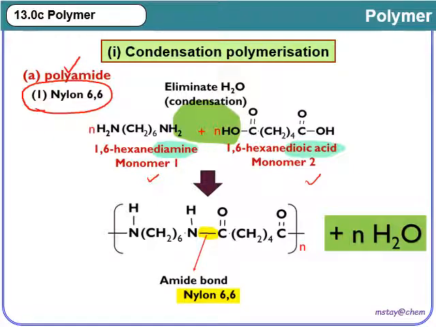From here we can see that one of the hydrogens from the amino group will combine with the OH from the carboxyl group to produce a small molecule. By combining these, we will have a polymer. The bond that we see over here is the amide bond, so that's why we know this is a polyamide.